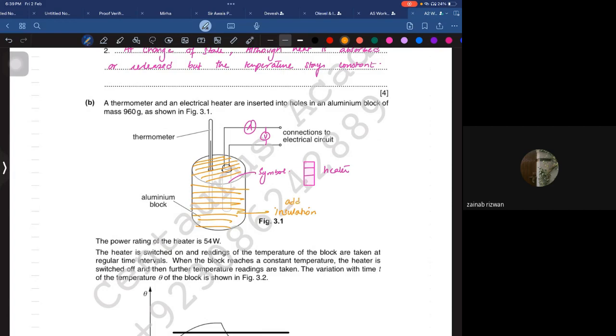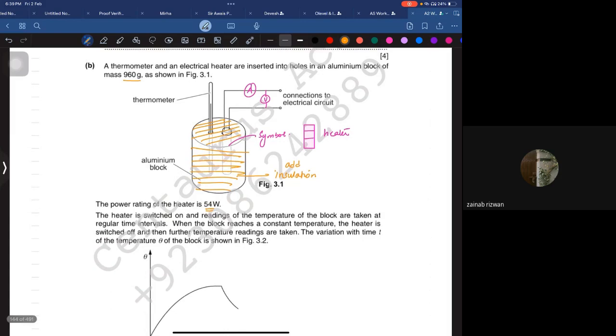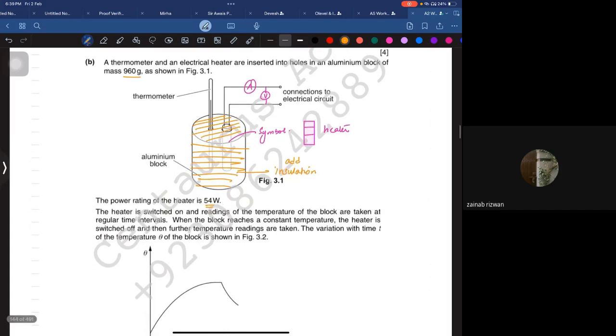So this question says a thermometer and an electrical heater are inserted into holes in an aluminum block of 960 grams. The power rating of the heater is 54. The heater is switched on and readings of temperature of the block are taken at regular time intervals. When the block reaches a constant temperature, the heater is switched off, then further temperature readings are taken.